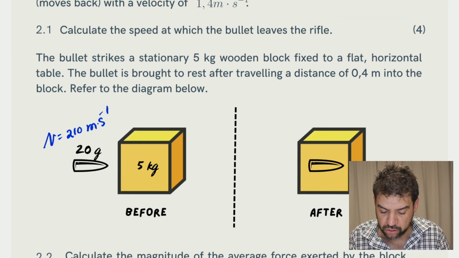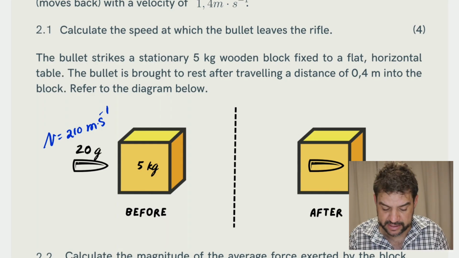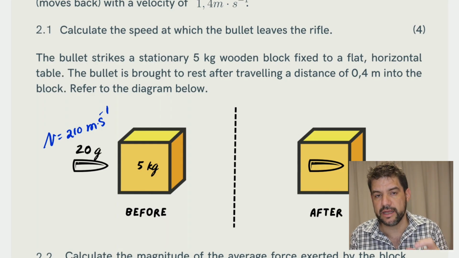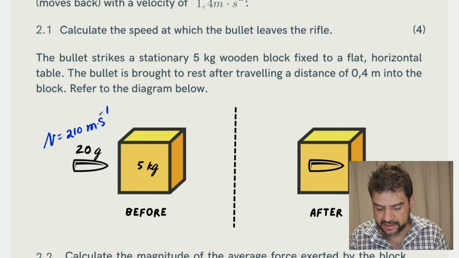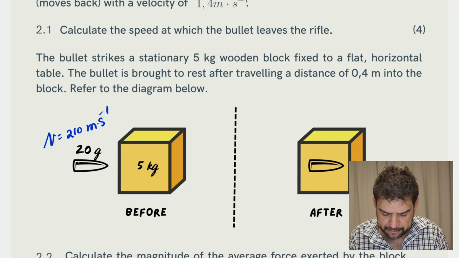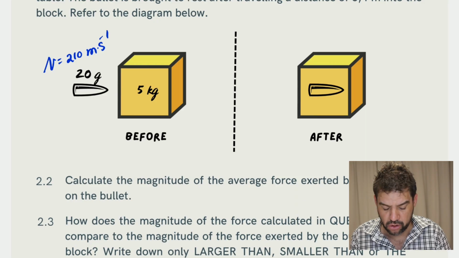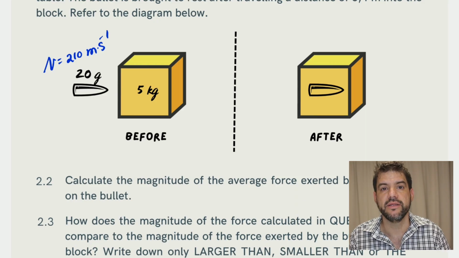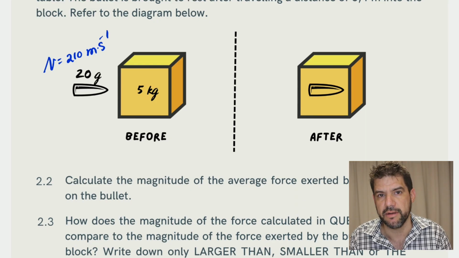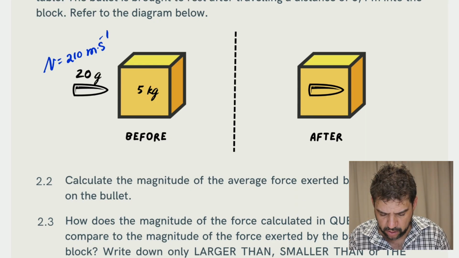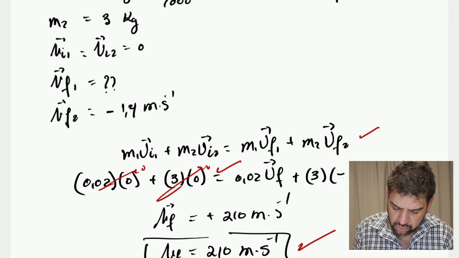The bullet is brought to rest after traveling a distance of 0.4 meters into the block. Refer to the diagram below. Calculate the magnitude of the average force exerted by the block on the bullet. So you have to use Newton's second law in terms of momentum. Let's see how we can do that one then. This one is question 2.2.